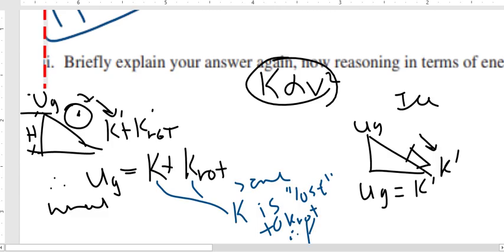Therefore, K wheel prime is less than K ice prime. And this part's important too. So that would justify that, and you would get a point. And that's it.